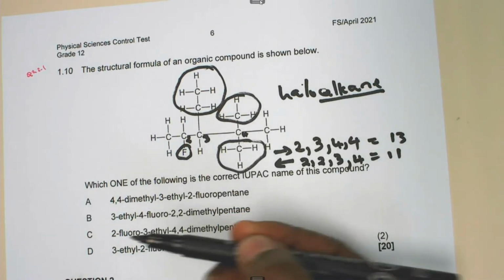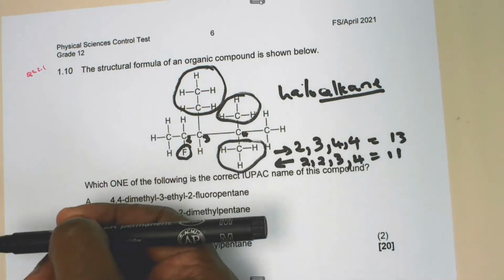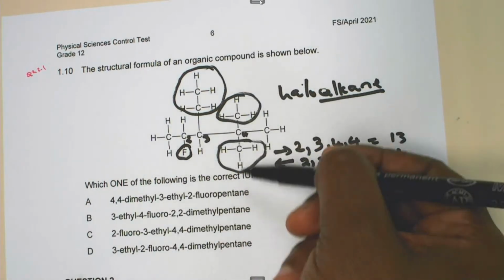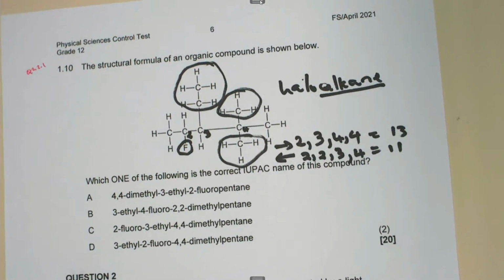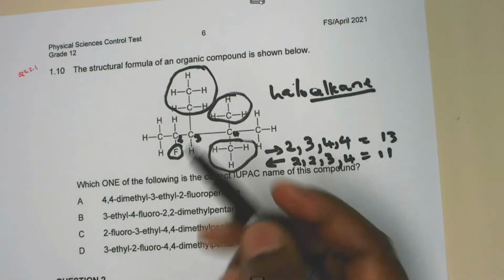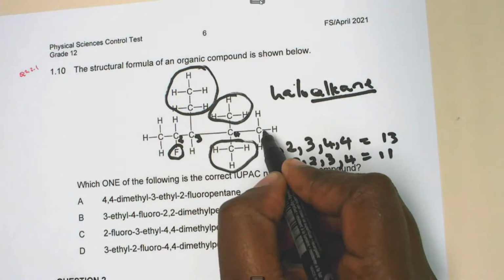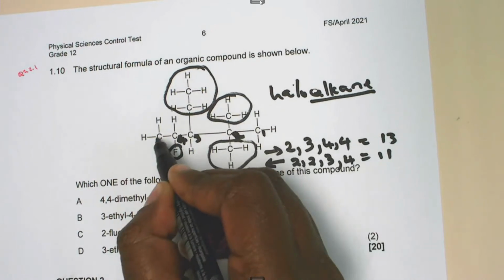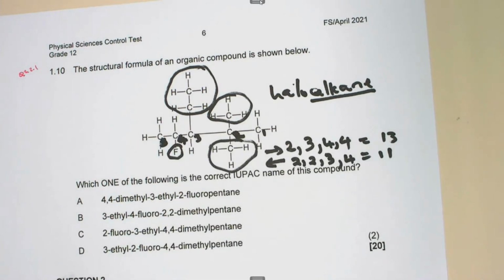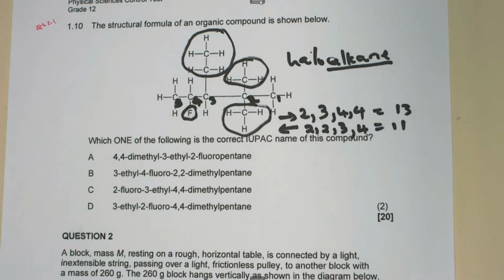Therefore, it means the correct one is from right to left, where the ones with more branches will be closest when you start from right to left. Therefore, this will be our carbon 1, carbon 2, carbon 3, carbon 4, and carbon 5. And then we go alphabetically.